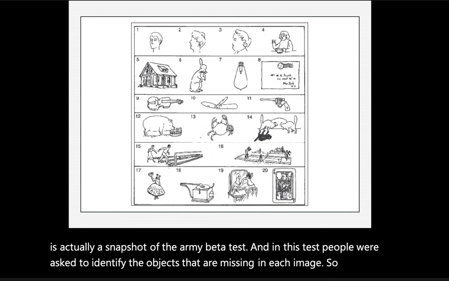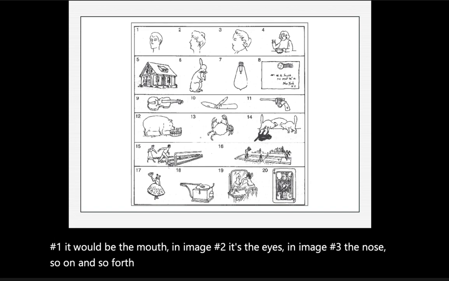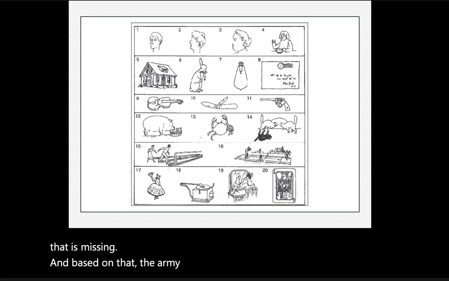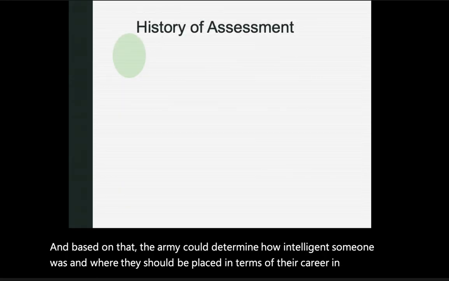So in image number 1, it would be the mouth. In image number 2, it's the eyes. In image number 3, the nose, and so on and so forth. So people were asked to identify the specific item that is missing. Based on that, the Army could determine how intelligent someone was and where they should be placed in terms of their career in the Army.